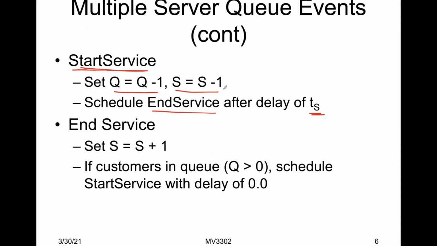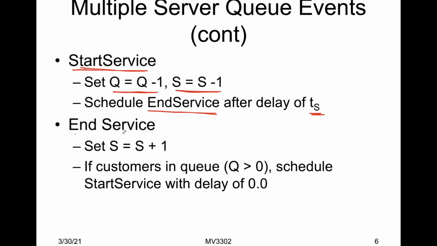The start service event, what's its job? Its job is to take a guy out of the queue, take a server out of the available servers, and then schedule when they're going to complete. But that's it. When you say schedule that, all that's doing is putting an event called end service on the event list. We'll see what's going on with that.